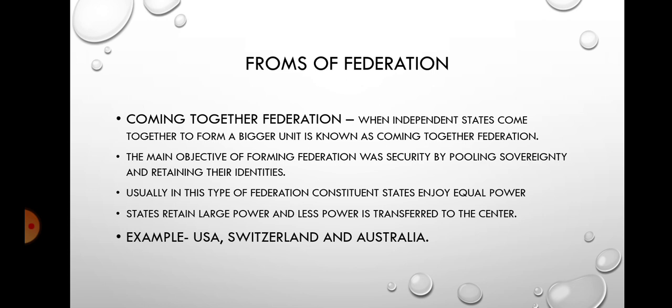Sometimes the state has larger power than the power transferred to the center. So the state retains larger power and less power is transferred to the center. Examples of coming together federalism are USA, Switzerland and Australia.